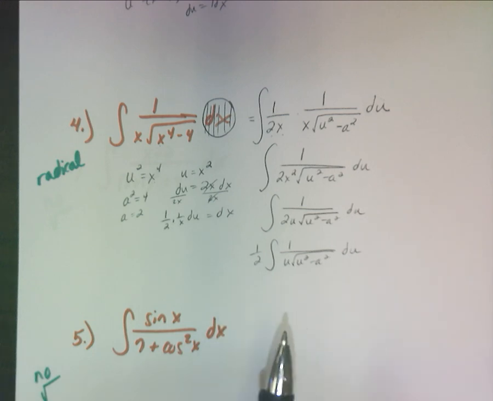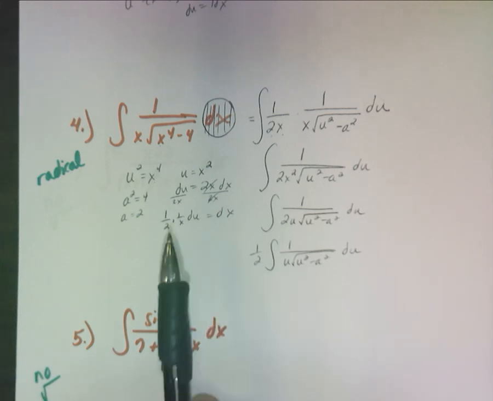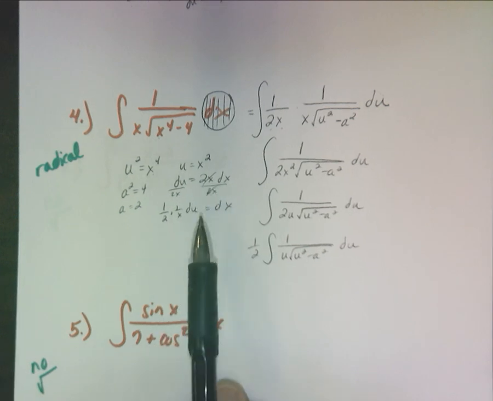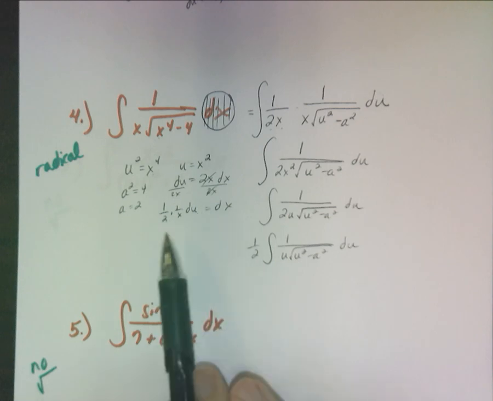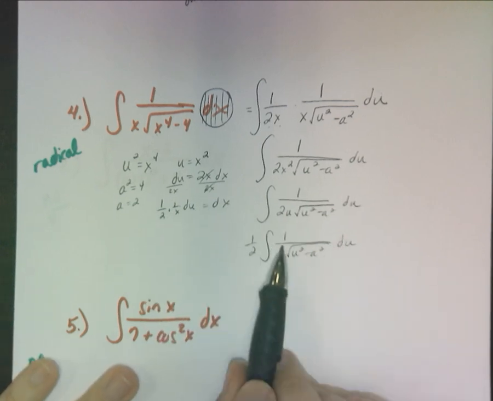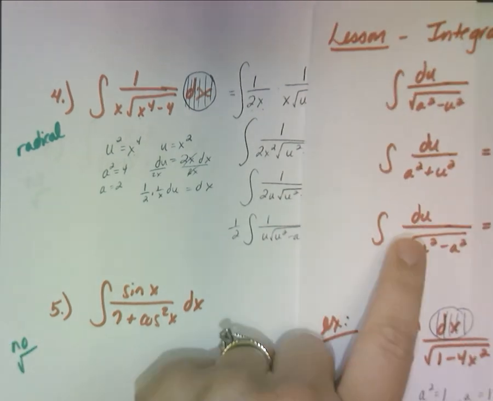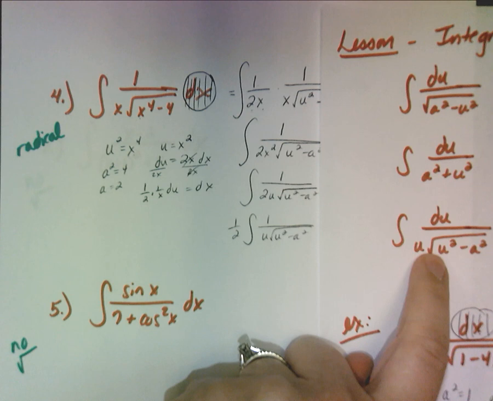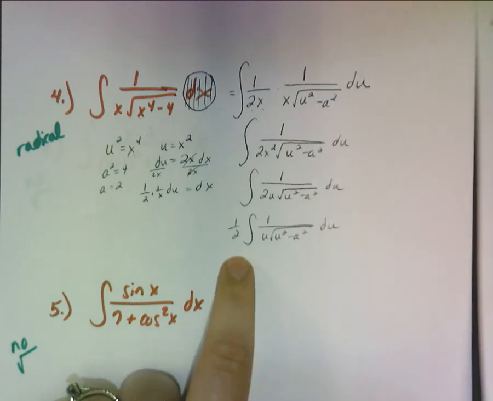So I know this one's very confusing. And it's something that you normally wouldn't do, divide by 2x. We never divide by x. We just say, oh, there's no integral here. But in this case, it actually works out. So again, once you get it into this form, look at the form. The du is on top, but I pulled my du on the side. The u is on the side, the square root of u squared minus a squared, and the 1/2.